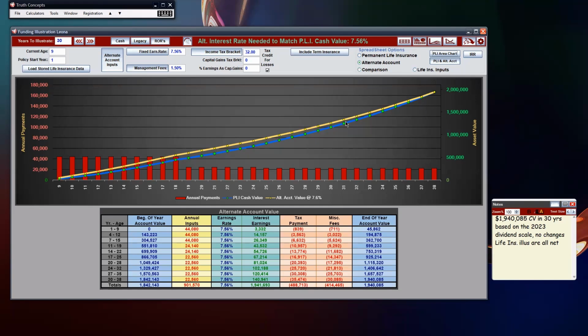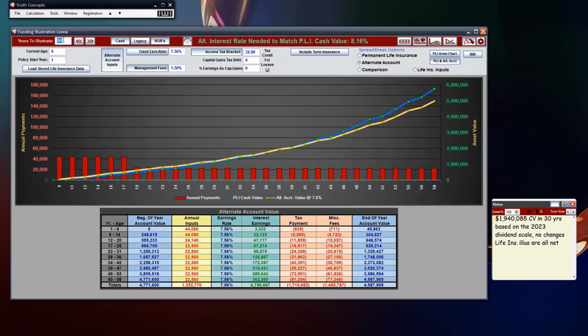Now, let's take that out another 20 years. So let's go out a total of 50 years and see what it looks like. At that point, it crosses over, and over this time frame, we can see that we would end up with, in the life insurance policy, a bit more. And actually, we could see what that was. Click on the comparison, Kim.